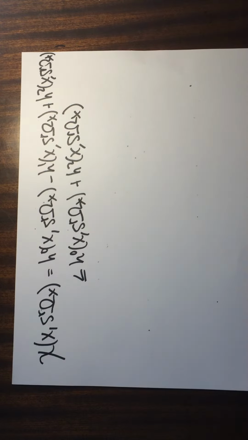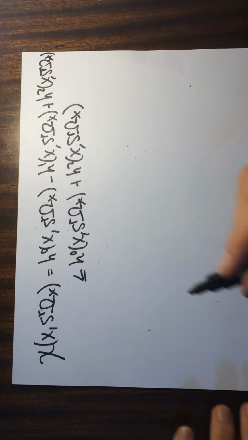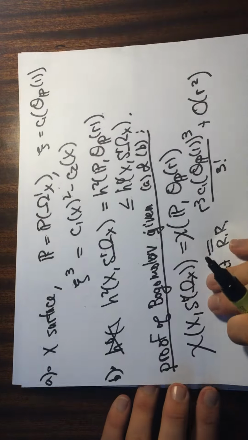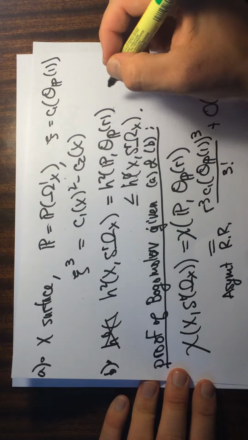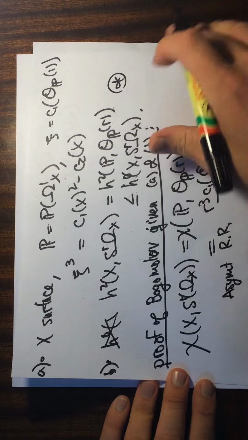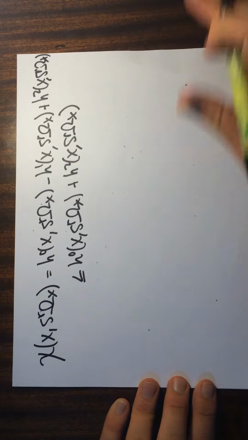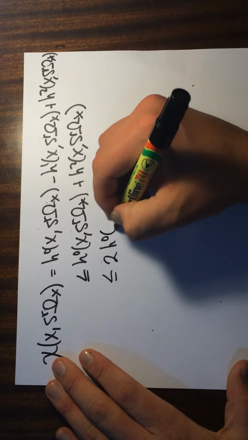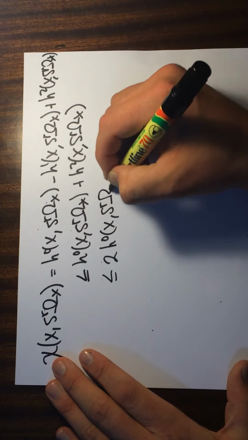And then using the fact that we had this part here, we actually get the following. This is less than or equal to 2 times h0 of x SR omega x.